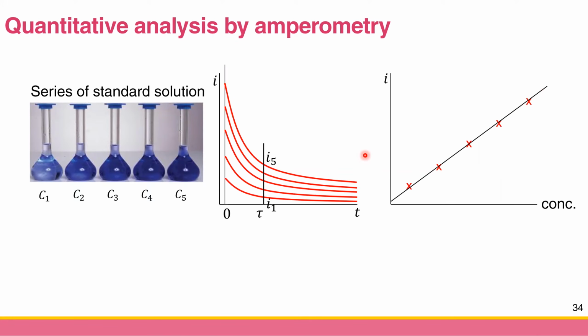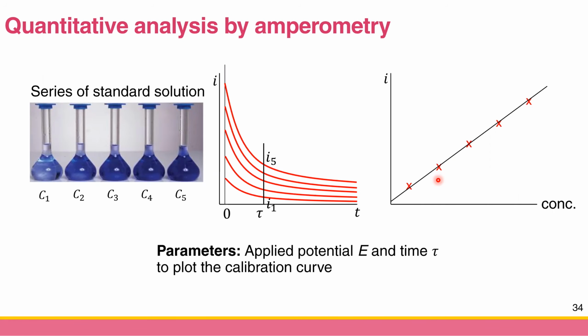So this is your calibration curve, and now you prepare the solution of your sample, and then you measure the sample in the same way, and then you get the current of your sample, right? And then you convert back to the concentration. So this is how you perform the quantitative chemical analysis using amperometry.